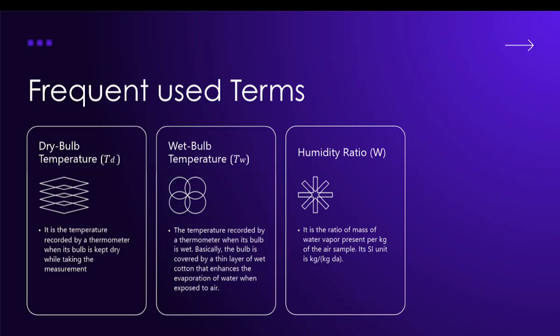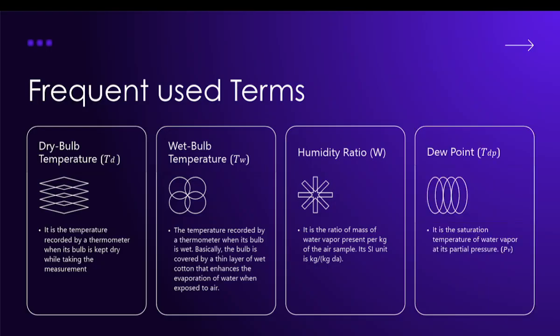Generally, a wet cloth or wet cotton is draped over the bulb, and then the temperature of the air inside a room is recorded. So it is called the wet bulb temperature.